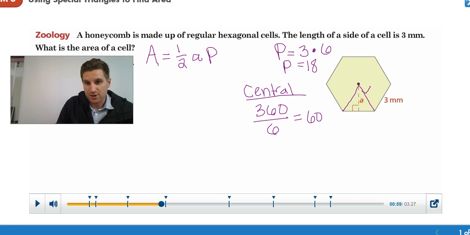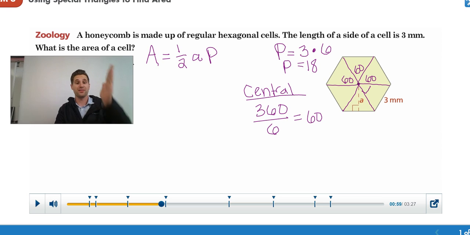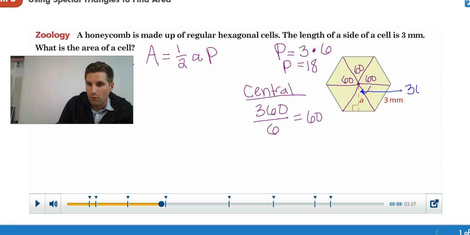Okay? So, let's draw in some other triangles here. So that means this is 60 degrees here, 60 degrees here, 60 degrees here, so on and so forth. Remember, the apothem cuts it in half. So the apothem is going to create this small angle right in here to be half of 60, or 30 degrees.